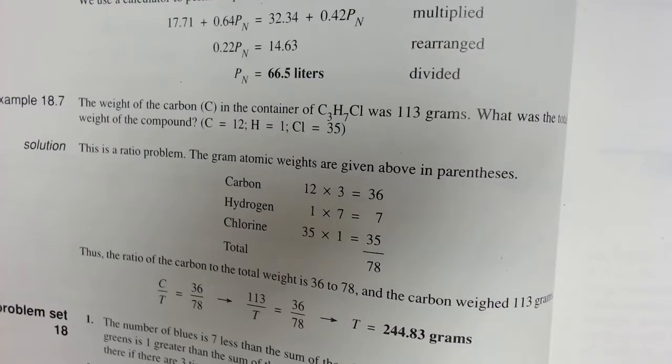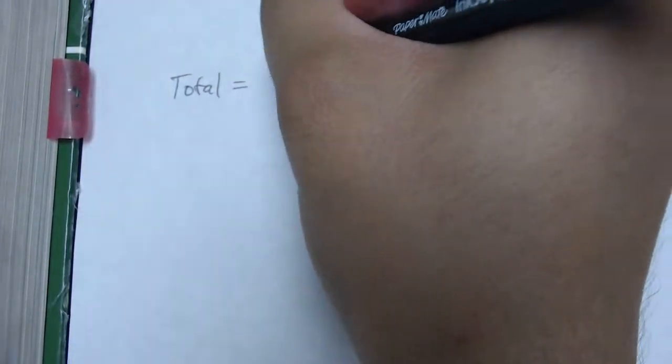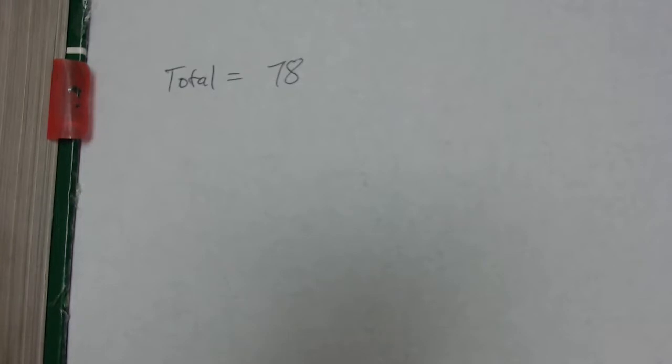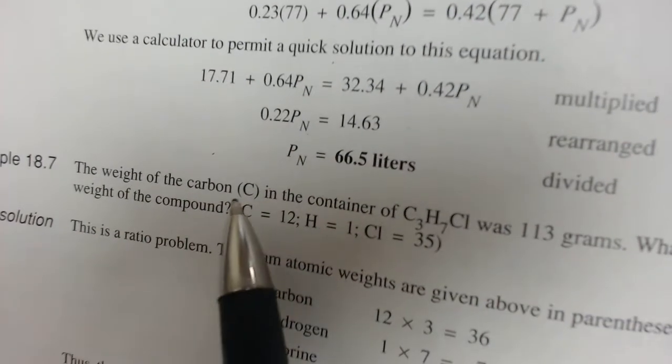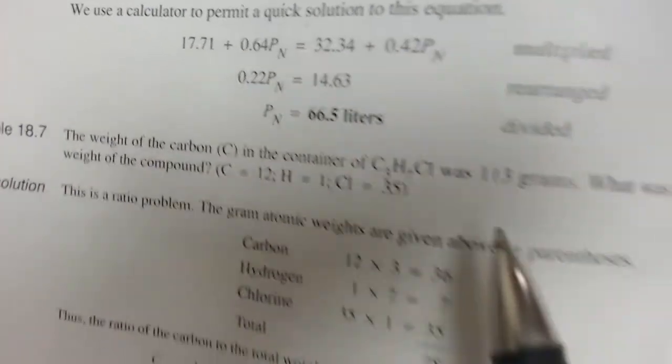Now we have to think of this in ratios. So the total is going to equal 78. And the problem tells us that the weight of carbon in the container was 113 grams.